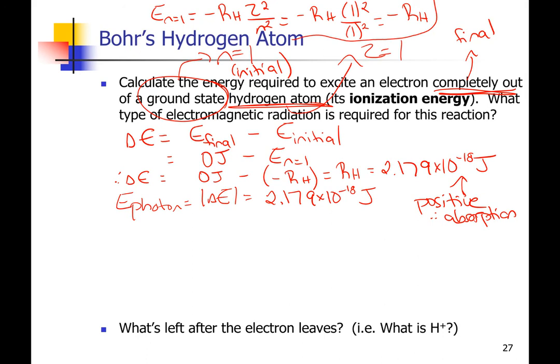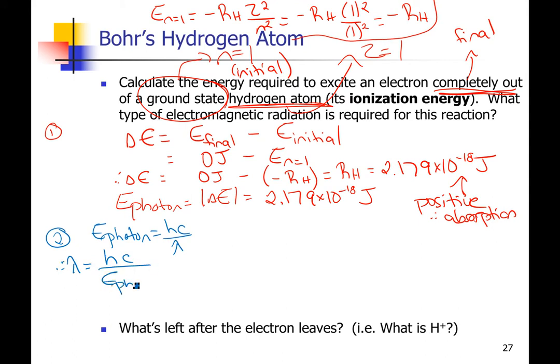So to answer that second part of the question, I follow the same process as I did on the previous page, which said that the energy of the photon was equal to hc over lambda, and therefore the wavelength is equal to Planck's constant times the speed of light divided by the energy of the photon.